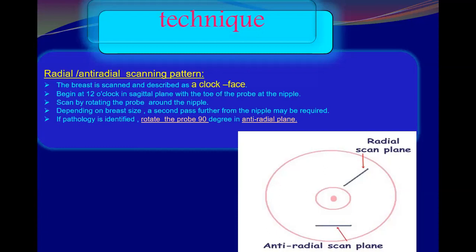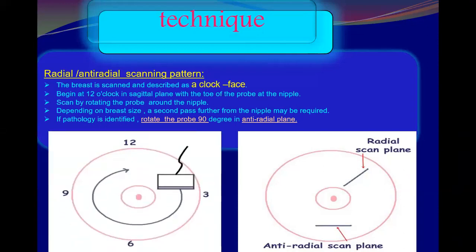Then you sweep in a circle, rotating around the nipple. When you find any abnormality, rotate your probe 90 degrees, then it will be in an anti-radial location. So circle, clock face, radial and anti-radial are all synonymous.